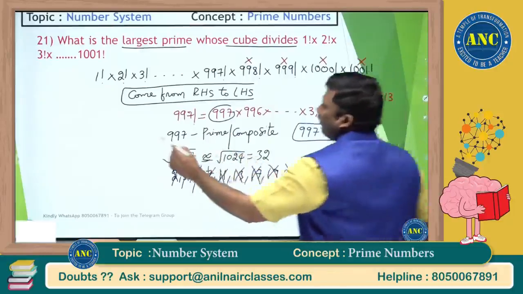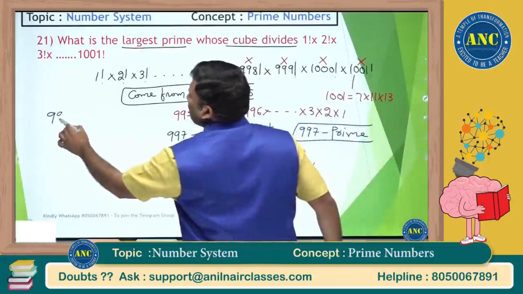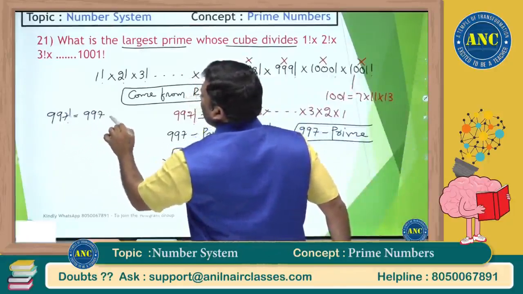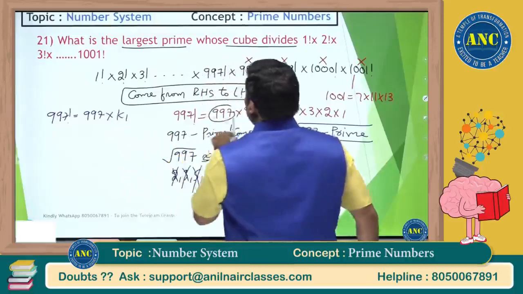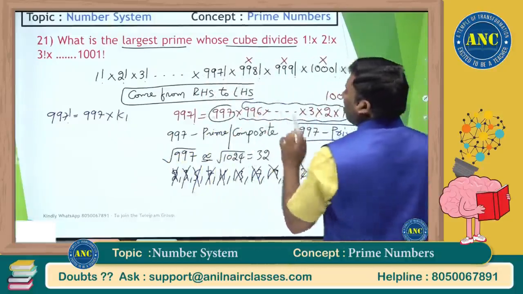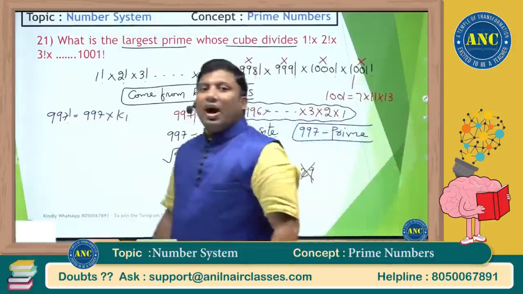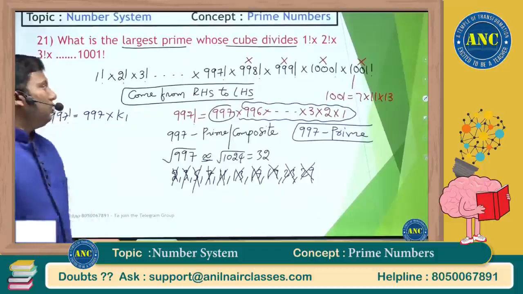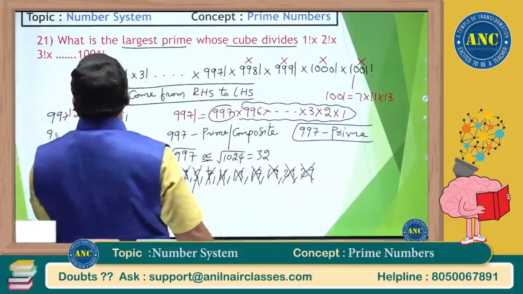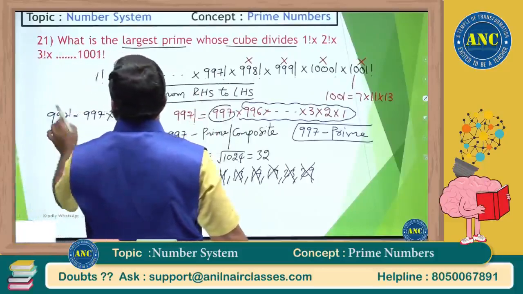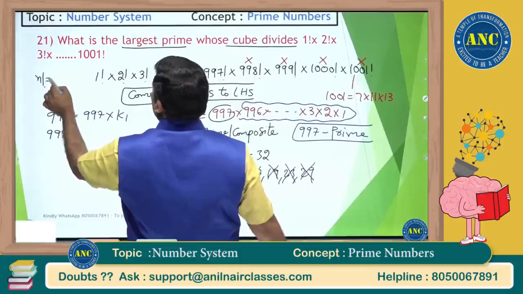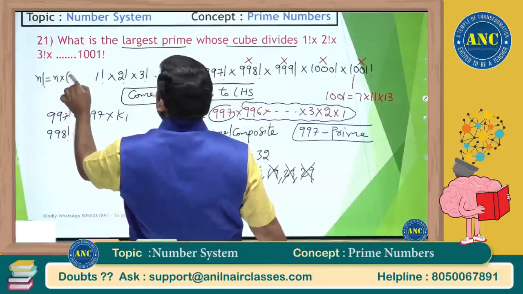Can I say 997 factorial is 997 into something? What is that something? 996 into 995 into 994 and so on up to 3 into 2 into 1. Here 1 power of 997 is there. 998 factorial: n factorial is n into n minus 1 factorial.